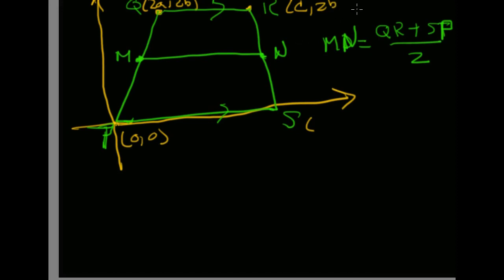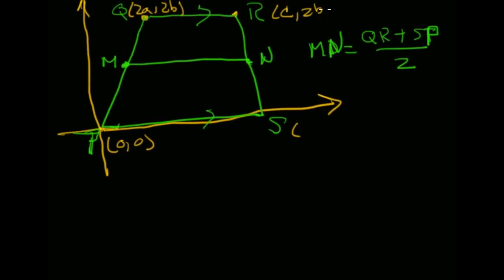And that makes sense because these both have to be at the same height, right? Because if these are parallel, those have to be at the same height. But that can be 2A and that can be C. Now, this one's further to the right than C, so we're going to say that S is at C plus, let's call it 2D.